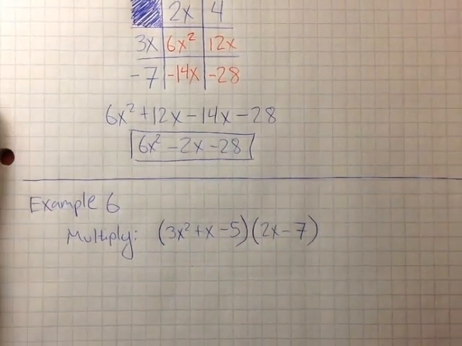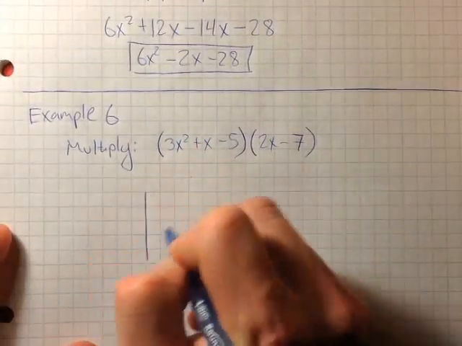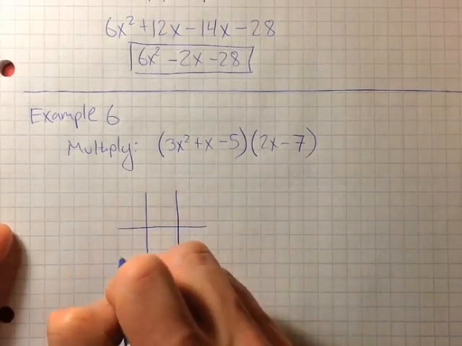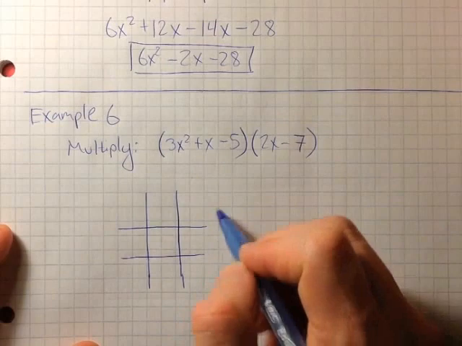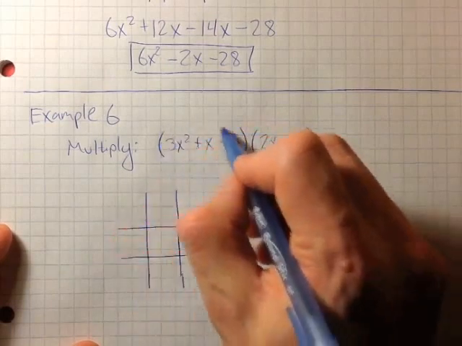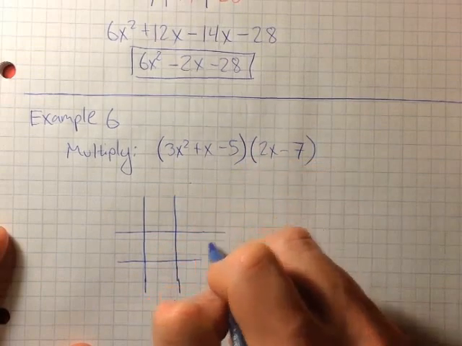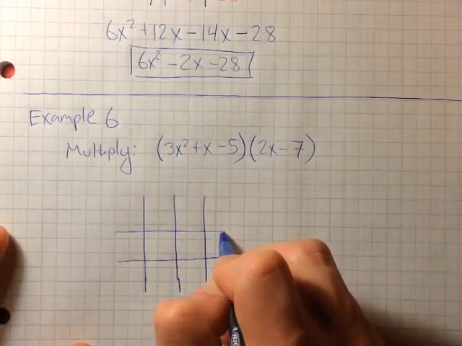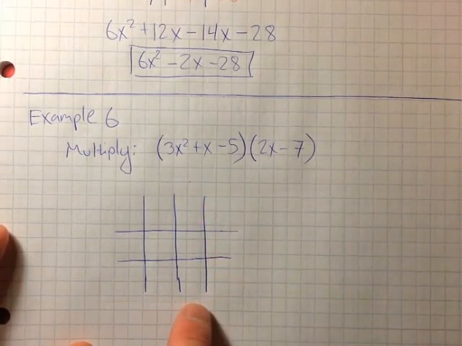Now, in this case, the way that we're going to set up our box is a tic-tac-toe grid again, except this time we need one more column in order to fit all of the pieces of that trinomial. So we're going to extend this out one more column. It actually doesn't matter if we extend one more column or one more row.